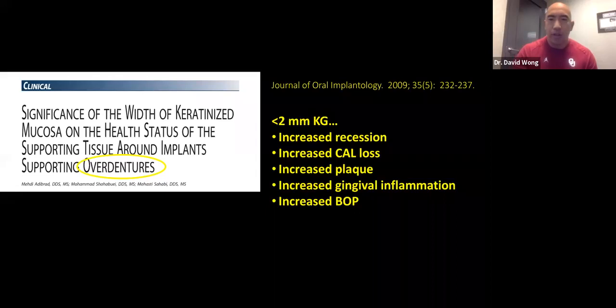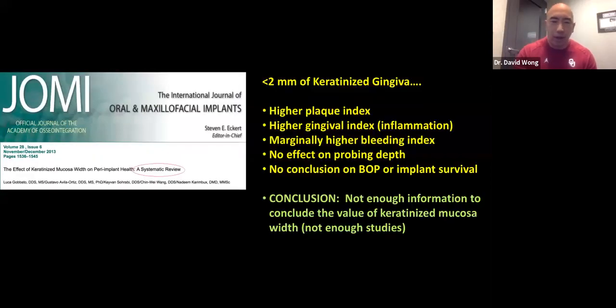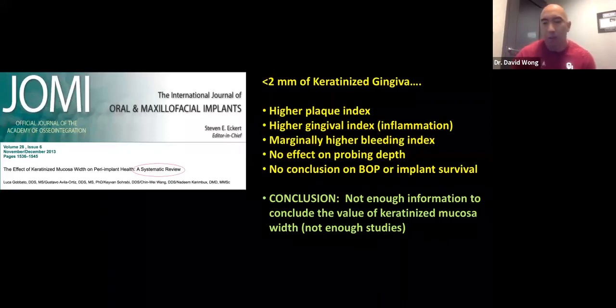What does the literature say when we talk about a systematic review? When we look at all the different papers, what do we discover here? Unfortunately, the literature starts to get a little bit more blurry because systematic reviews require the same inclusion criteria for what we're trying to talk about, and there just aren't enough studies out there.